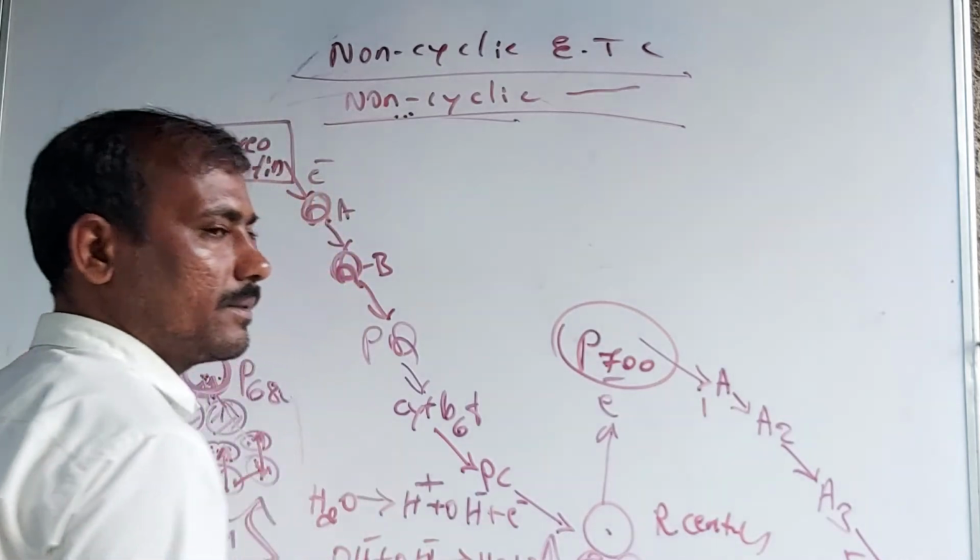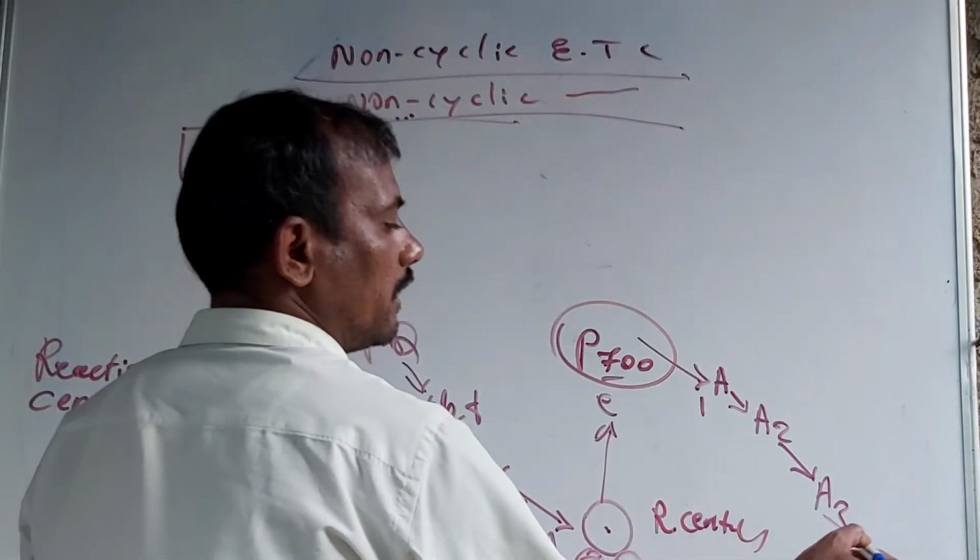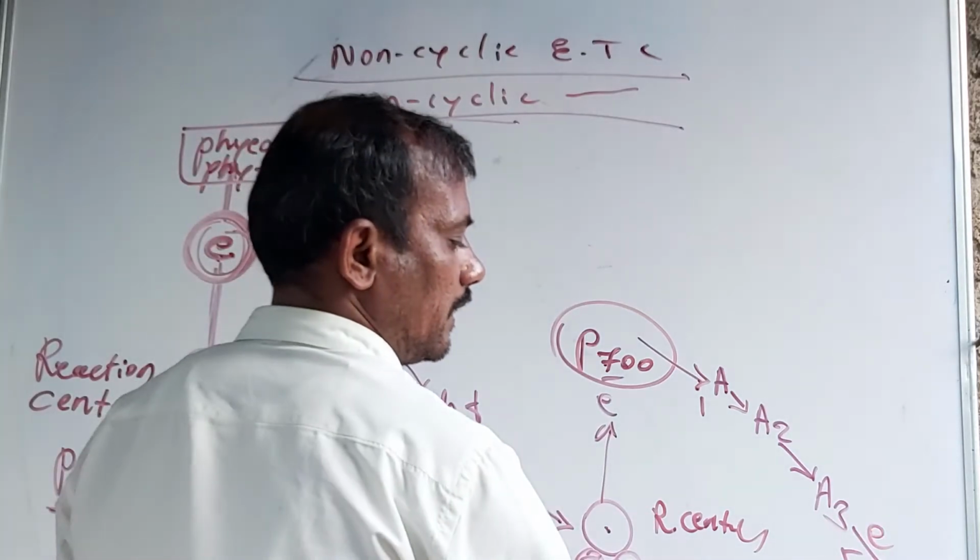The cytochrome B6 and plastoquinone are also involved. Finally, the electron moves to the NADP.